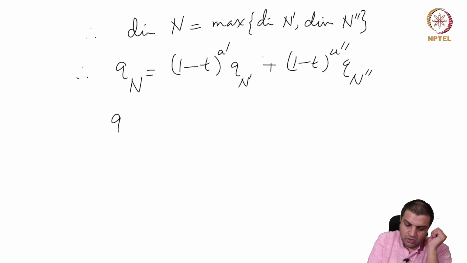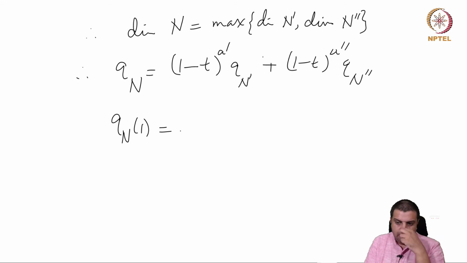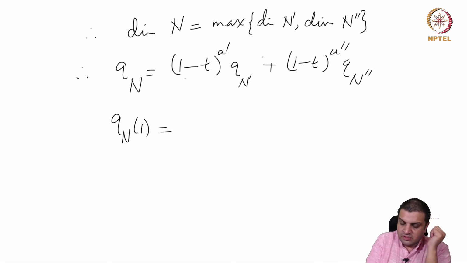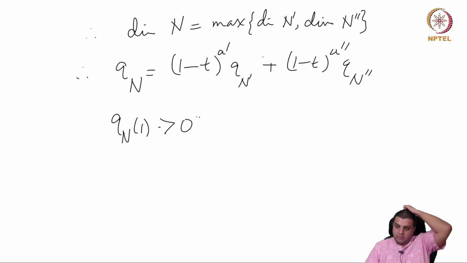So therefore Qn of 1 is also positive, because you won't get 0 on both sides. If a prime is positive, then you'll get 0 here, but you'll get 1 here, and so this is positive, assuming the statement for N prime and N double prime.